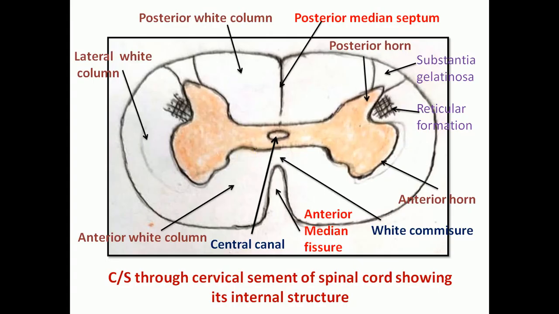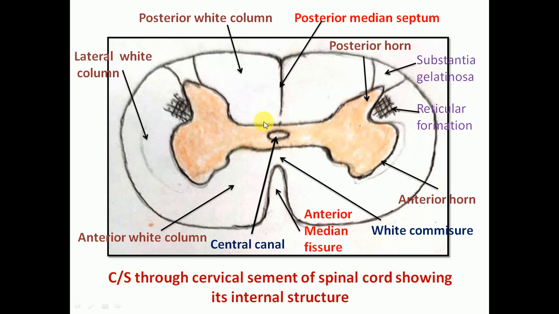So this diagram shows the cervical segment of the spinal cord, the internal aspect. There is an H-shaped gray matter, and outside there is white matter, and centrally there is the presence of the central canal. Now this gray matter is made up of neurons or nerve cells, neuroglial cells, and blood vessels.